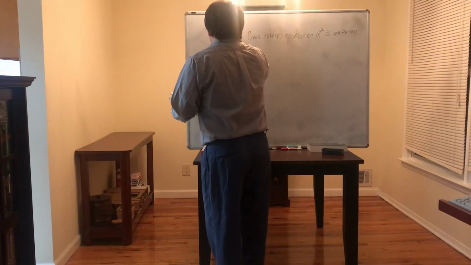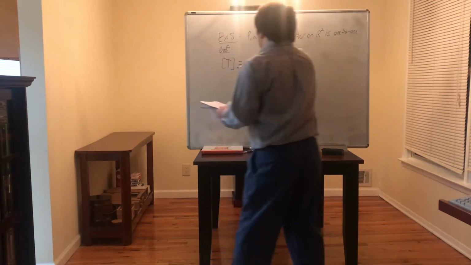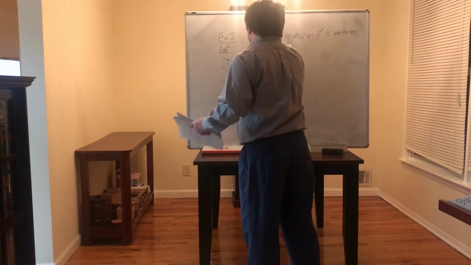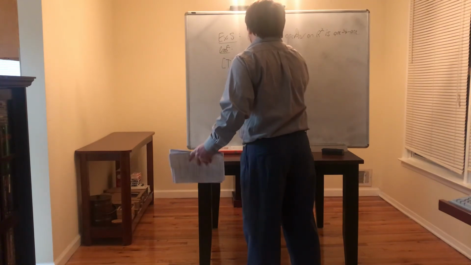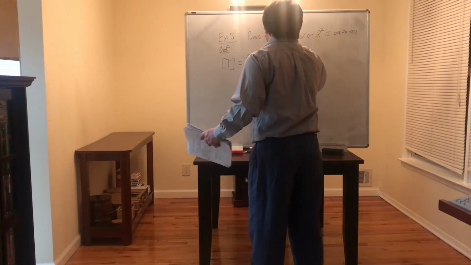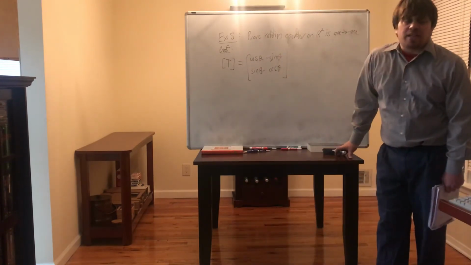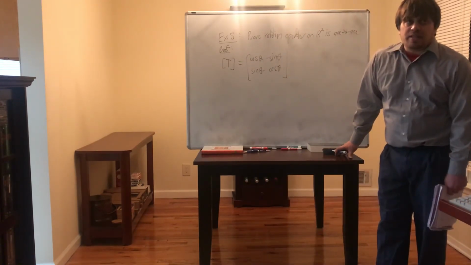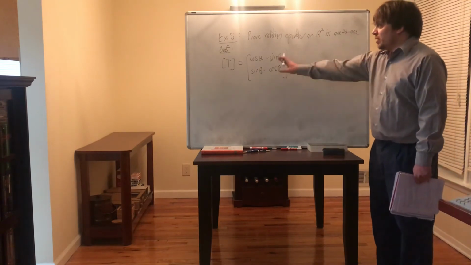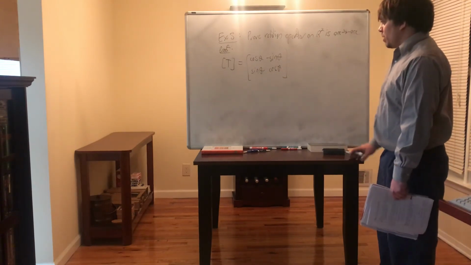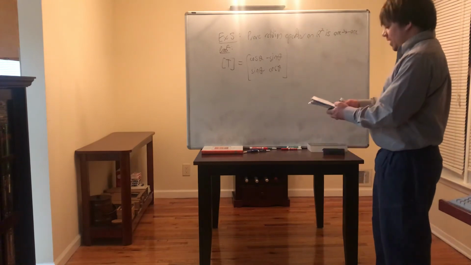Here's the proof. The standard matrix for that transformation we said before was cosine theta, sine theta in the first column, negative sine theta, cosine theta in the second column. In 4.9, in the fifth table, we said that the standard matrix for that rotation operation is that. And I showed the picture.